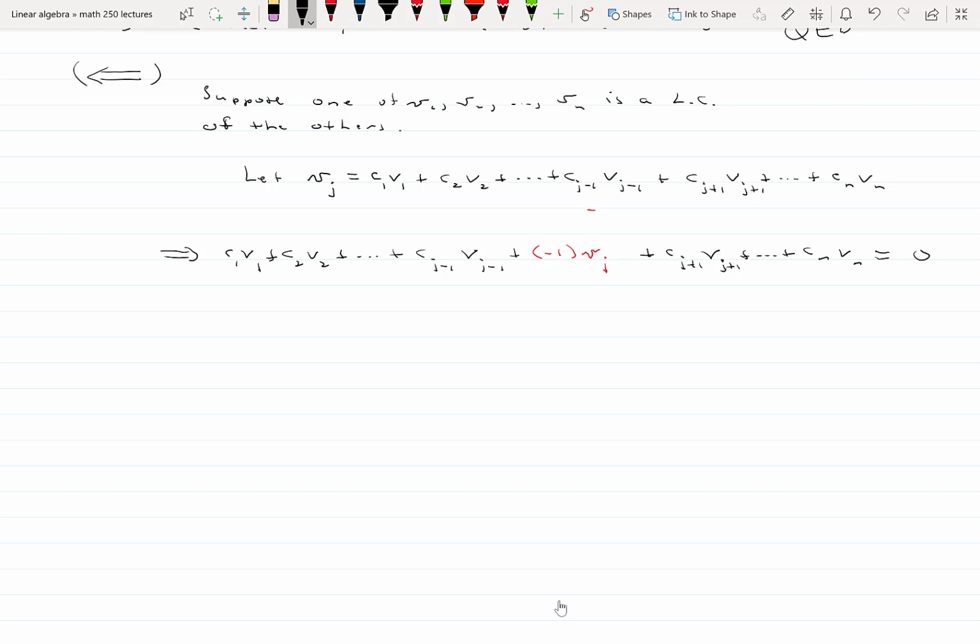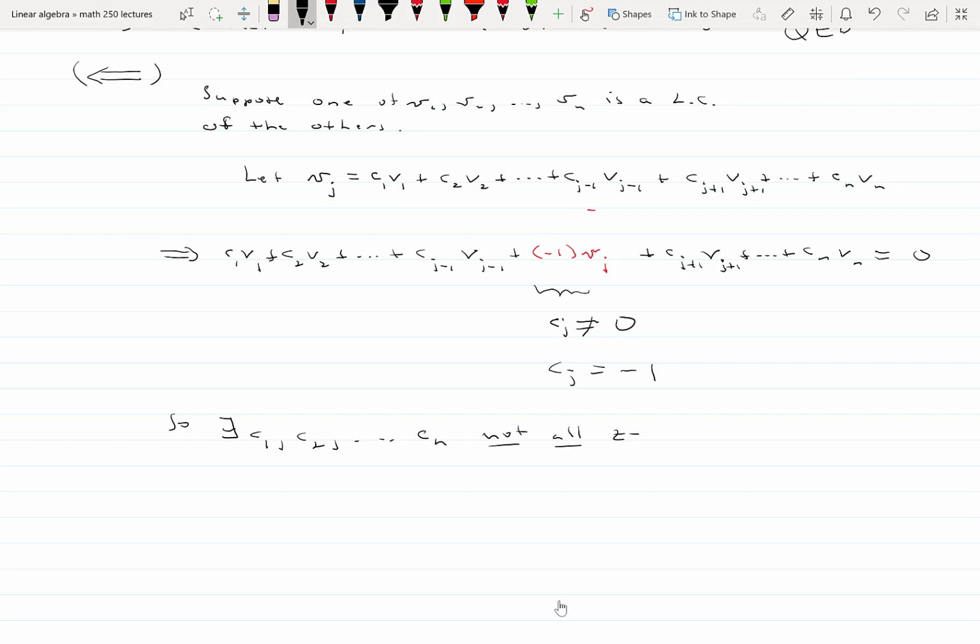Okay, now remember what we need to prove, that there exist constants c1 all the way up to cn, not all 0. I found one of those constants is not 0. I forced it not to be 0. C sub j is not 0. C sub j equals negative 1. So there exist constants c1, c2, all the way up to c sub n, in particular c sub j, not all 0.